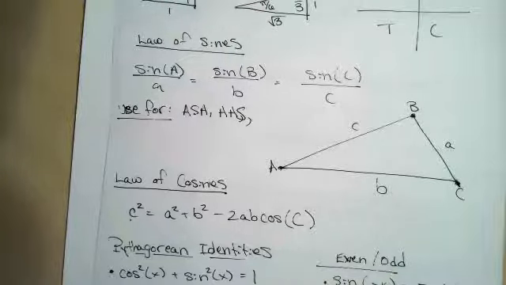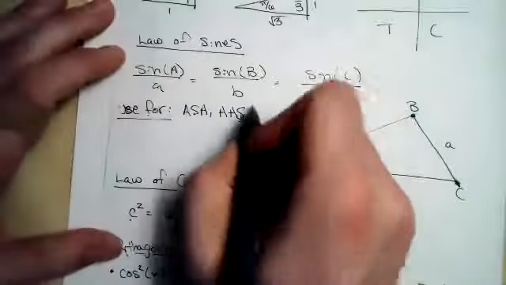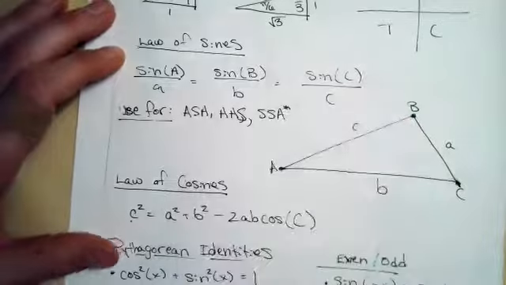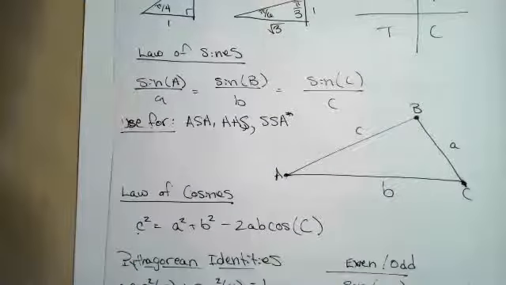Let's see, what other cases are there? Side, side, angle. And let's put a star next to that one. Remember, the side, side, angle ones are the ones with two possible solutions sometimes. Sometimes one solution, sometimes two, sometimes 0.